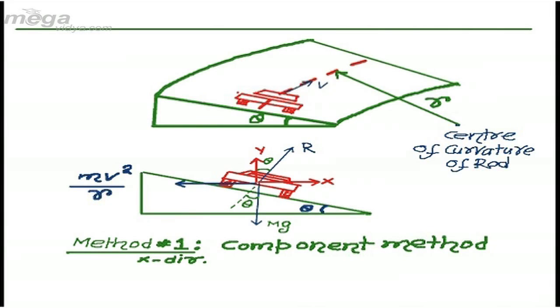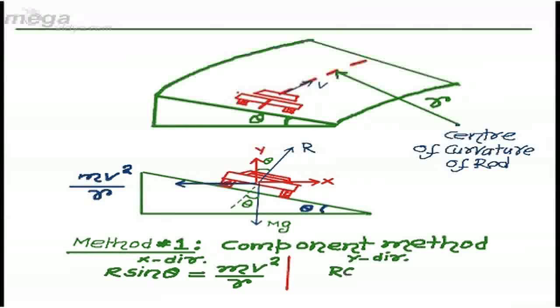So along the x direction I may write R sin theta is equal to mv square upon r. And if I talk along the y direction, then I can write R cos theta, the component of normal reaction R, is compensated by mg.